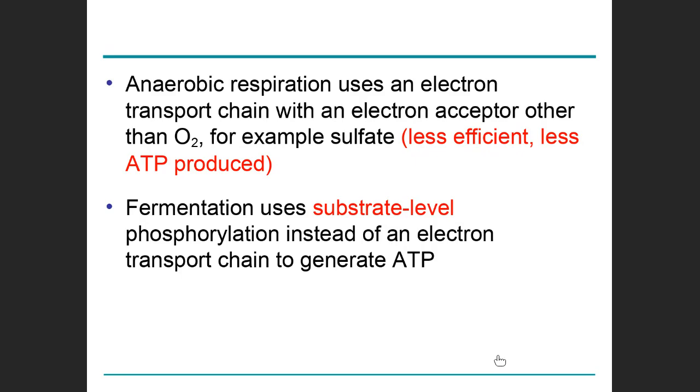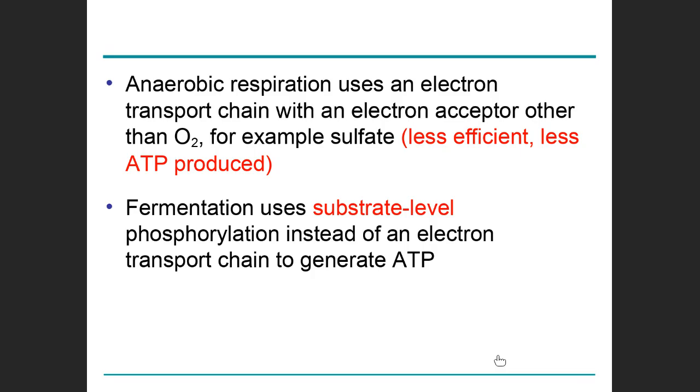Something like sulfates, carbonates, nitrates can act as electron acceptors in anaerobic respiration. But in general, the process is less efficient and you get less ATP. Oxygen yields the maximum amount of ATP.